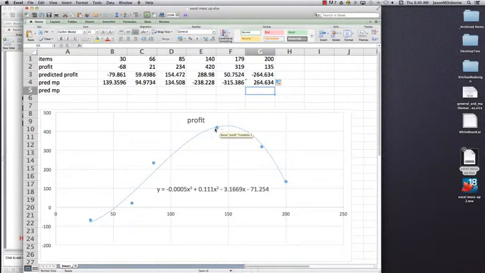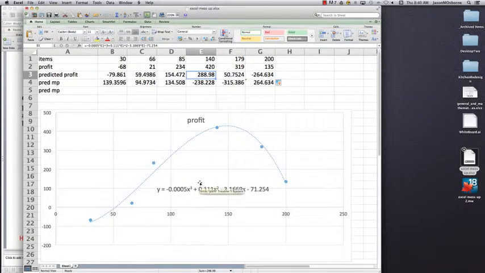The trend line should be very, very close to the actual profit at this point, but the numbers from our formula are showing 288, which is down here. If this number were correct, this dotted line should be going through about 288 over here, but it is not. So we have an issue. This predicted profit column is off, and that's going to throw off our predicted marginal profit.